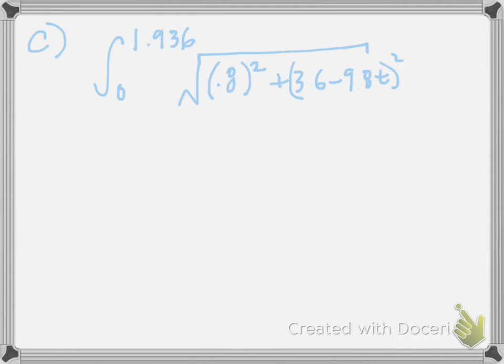You can punch that into your calculator and find it out. When you integrate this, you should get 12.942. This is the total distance that he traveled altogether. So I'm going to go on to part D, the trickiest one.